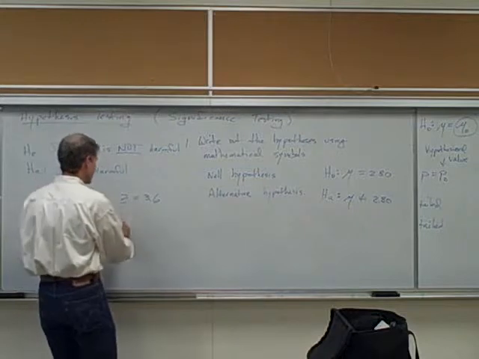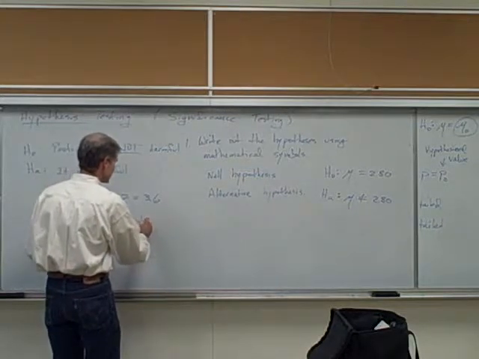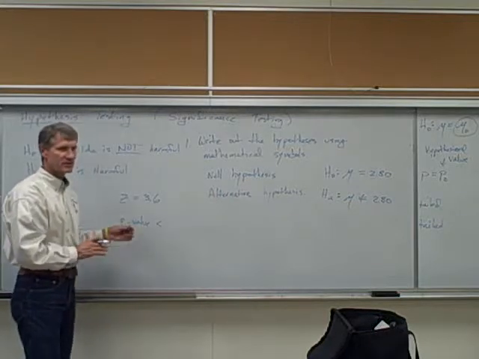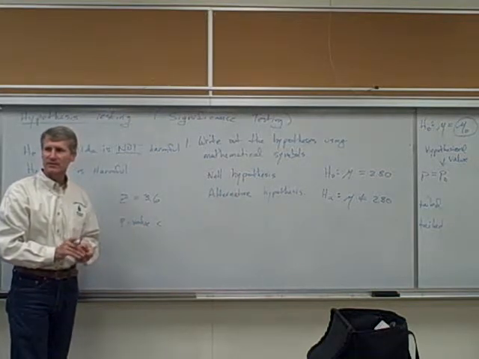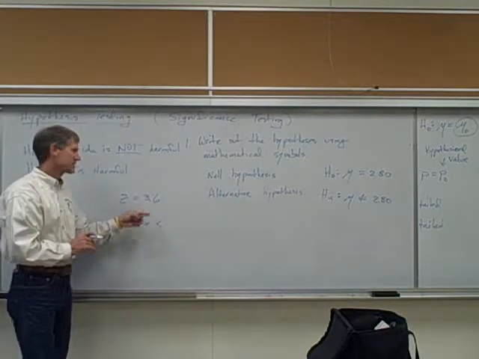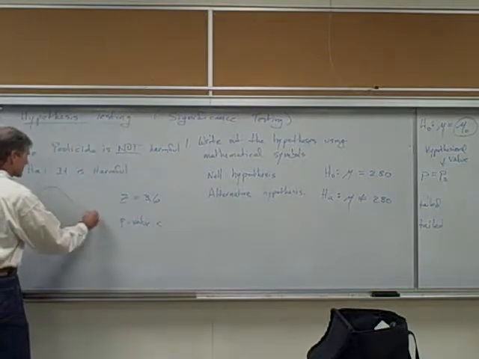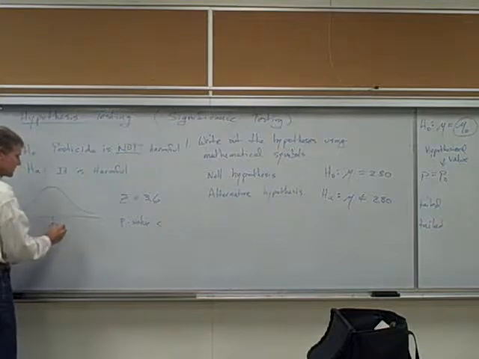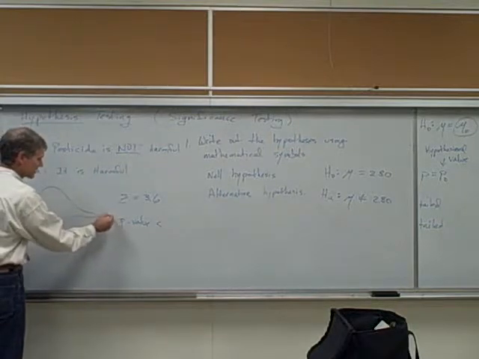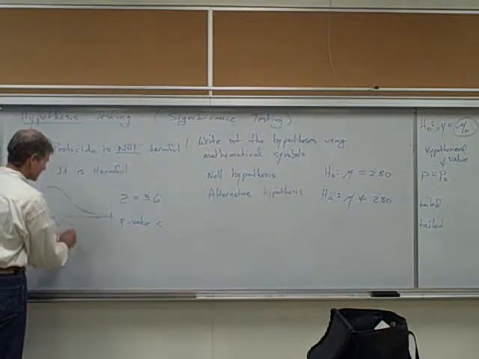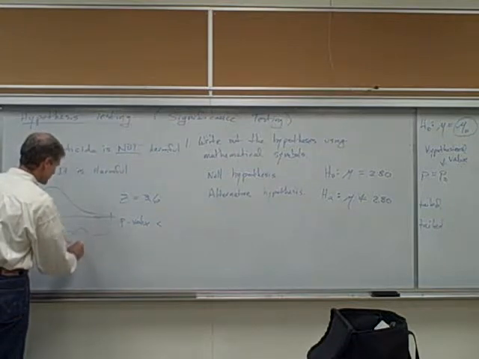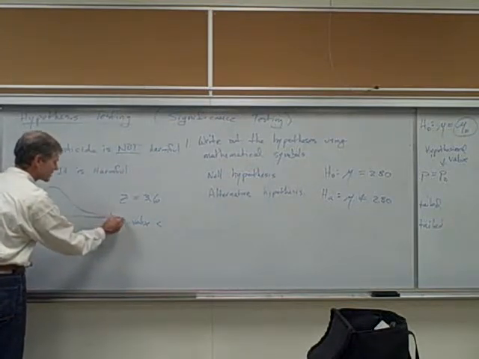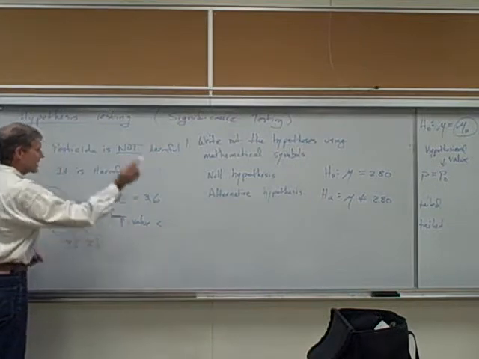So what's the p-value going to be? I can't tell you exactly what it would be, but I know it's less than something. I'm 3.6 standard errors out into the tail of the distribution, way out here. The p-value is the probability in the tail out past that.